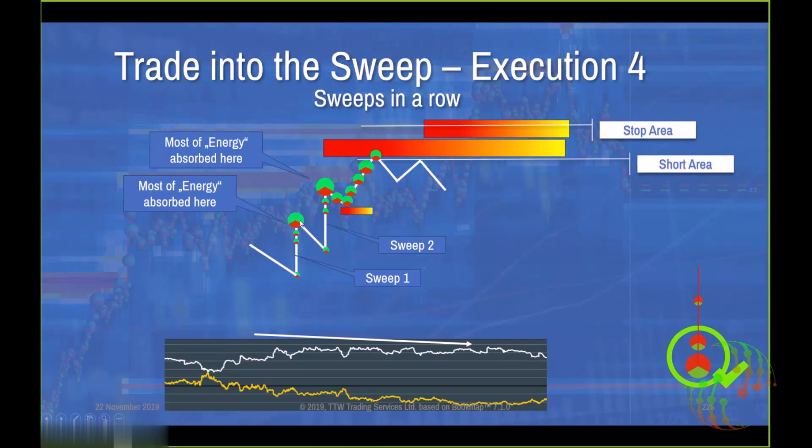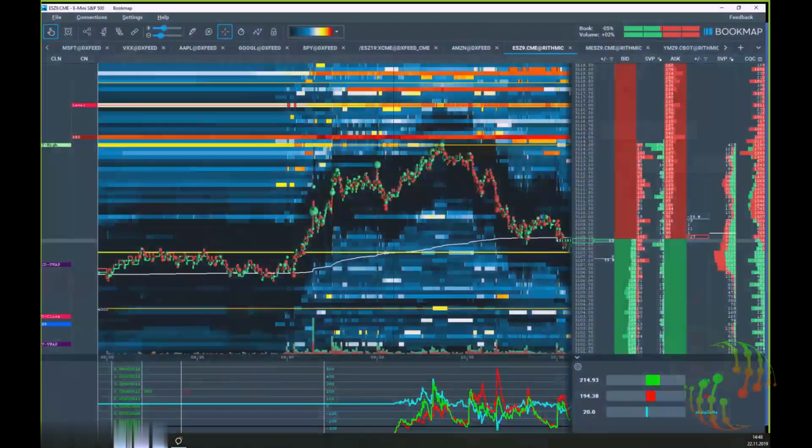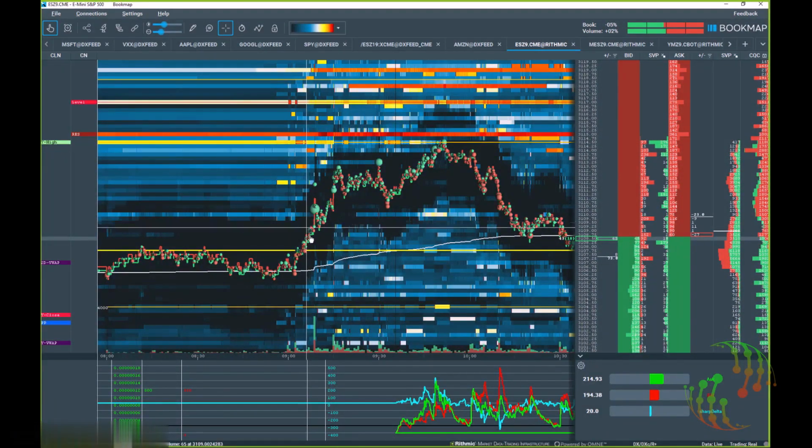A sweep happens, then normally price is retracing because at this moment there is no more energy to push the price further up. Then retracement, and then we are looking for the liquidity. Look here. What is happening? Therefore, I would like to motivate you to go over these variations and executions because they are very common.